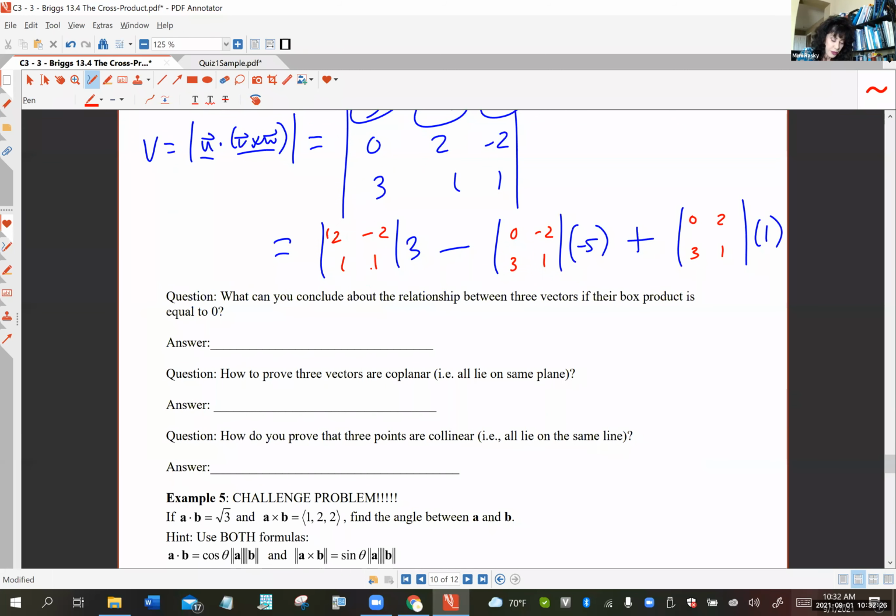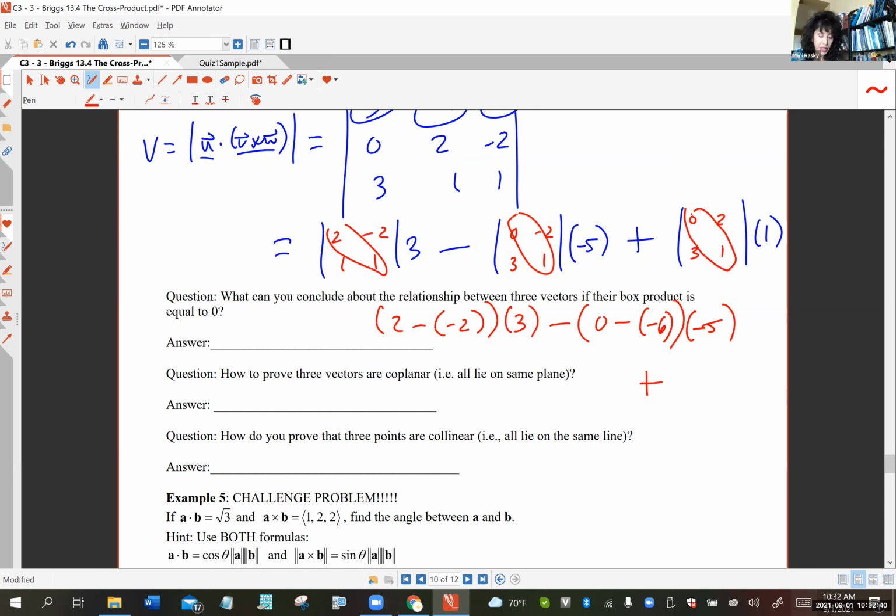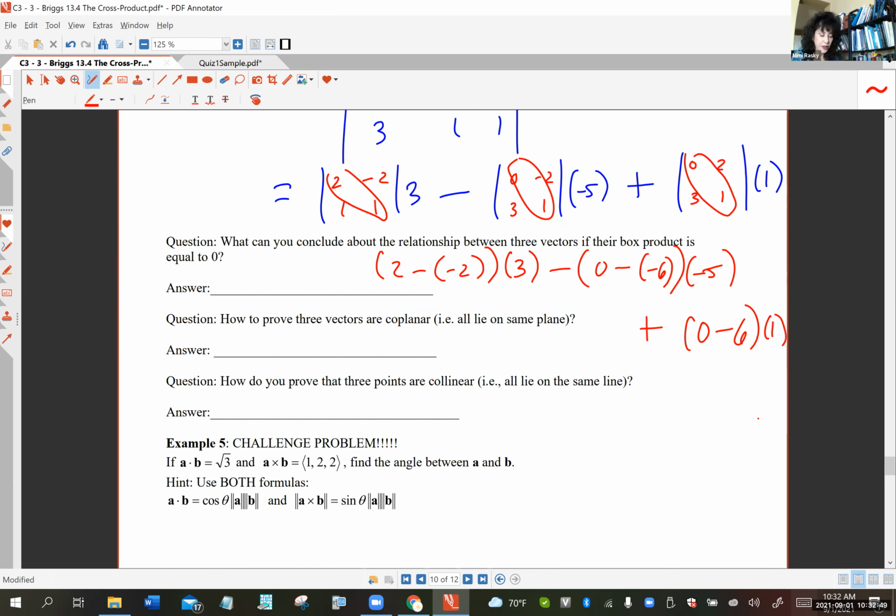And then for the 2 by 2 determinants, you're going to do major diagonal minus the minor diagonal. Here you're going to have 0 minus the -6 times -5 plus, and there we have a 0 minus 6 times 1. And what do we have here? Okay, 2 minus a -2, that's 4 times 3.